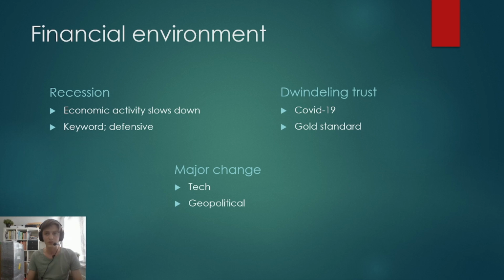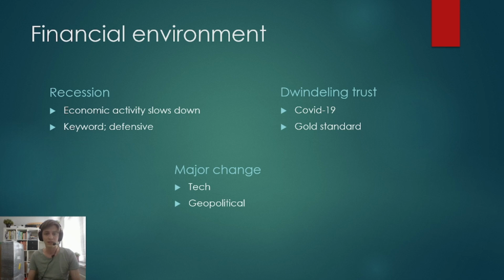Dwindling trust could be seen during COVID-19. With dwindling trust, people tend to lose trust in their government and thus lose trust in their currency. Because the currency isn't tied to the gold standard anymore, what is it worth? Will it be worth something? And people just freak out.